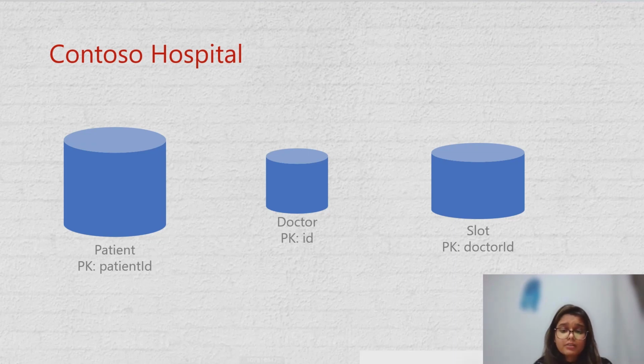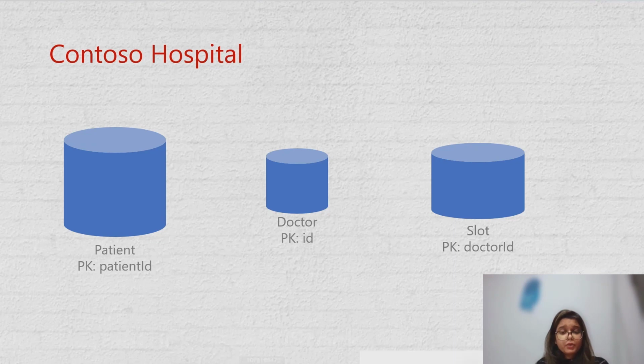Whenever 3 months pass, the document gets deleted on its own, and the container will always have a fixed amount of documents. So its size is fairly constant, and its access pattern is fairly clear. So this is how the Contoso Hospital is going to look.